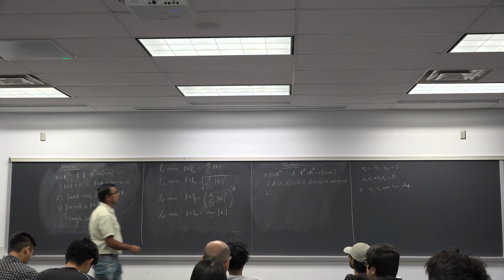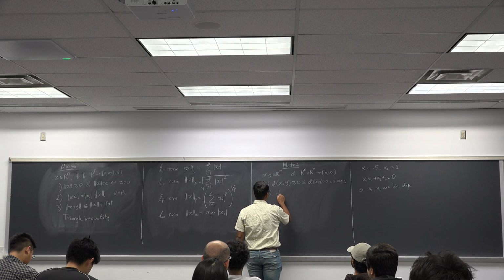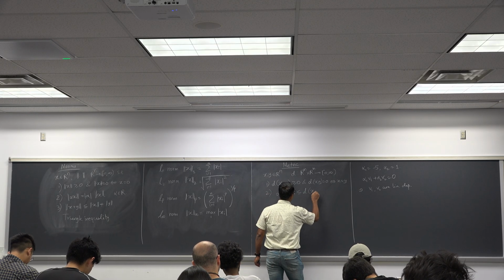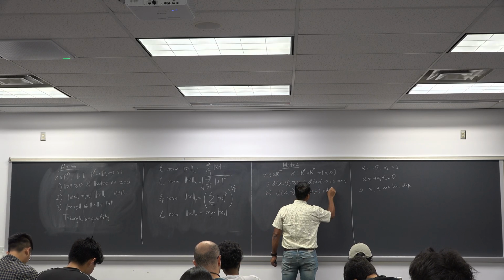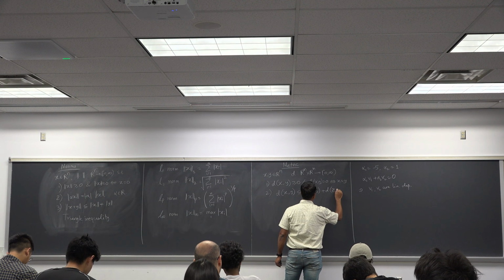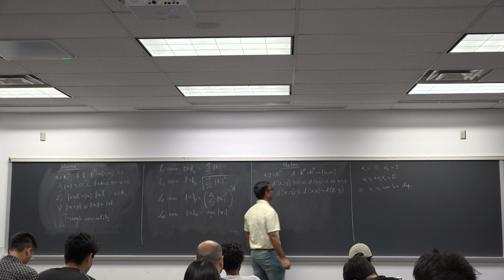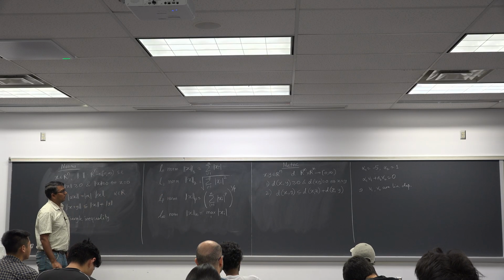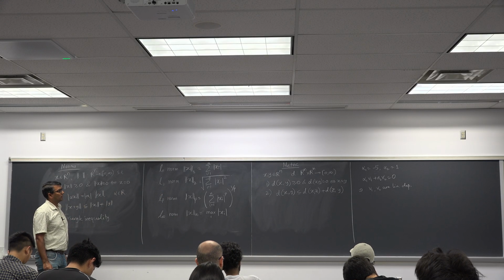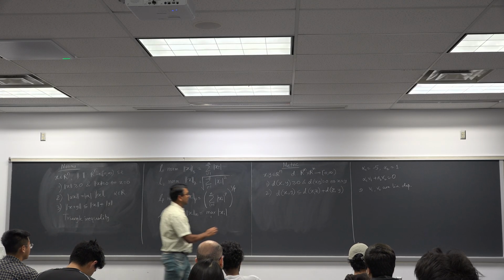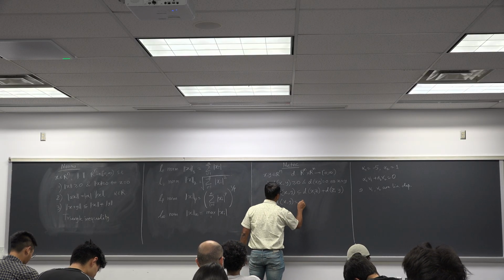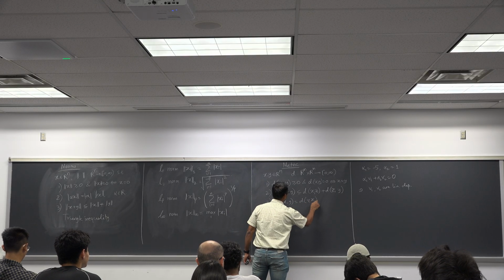I think the second requirement is the triangle inequality: d(x,y) is less than or equal to d(x,z) plus d(z,y). And the third one is symmetry: d(x,y) equals d(y,x).